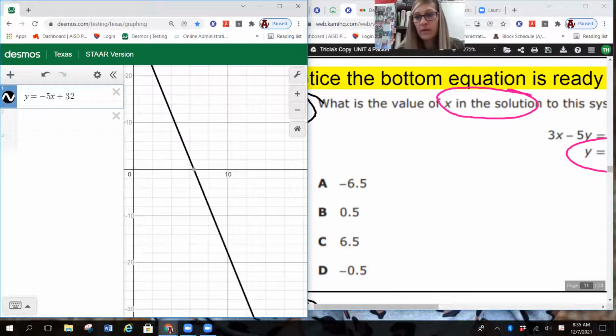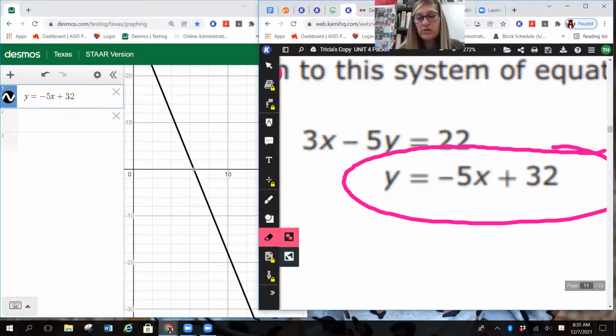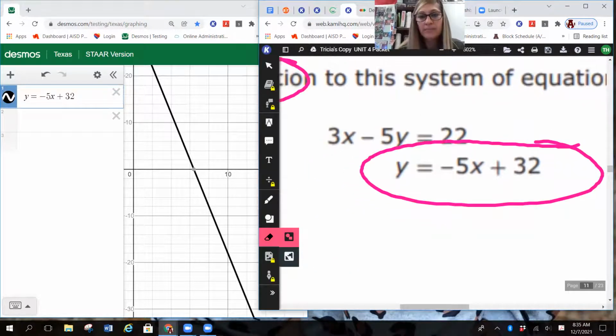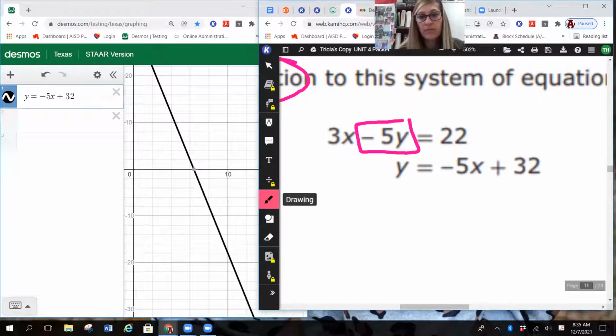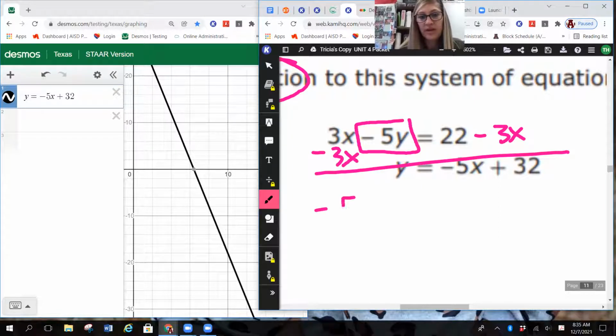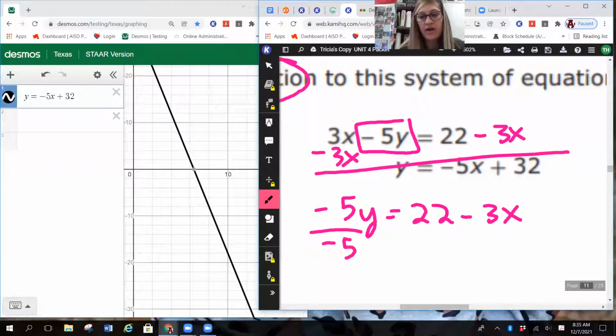Got it. Now, for this equation, let's go ahead and box the y. Move the x. That gives me negative 5y equals 22 minus 3x. And then we're going to divide, divide, divide.